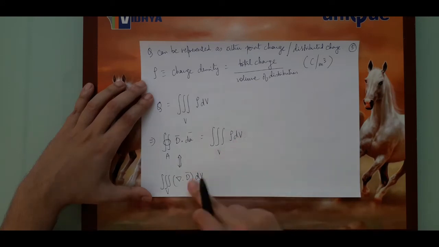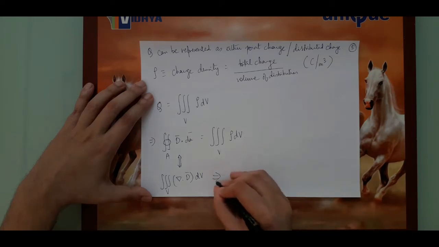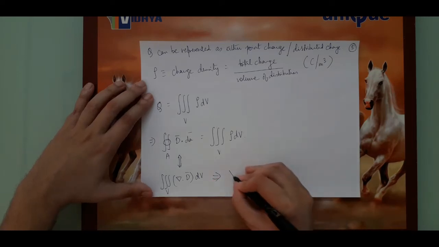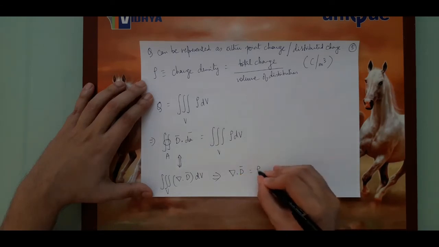So therefore these two are equal. So therefore I can say that the rho quantity will be equal to the divergence of the displacement density vector. So what this proves is that divergence of the displacement density is nothing but the charge density.